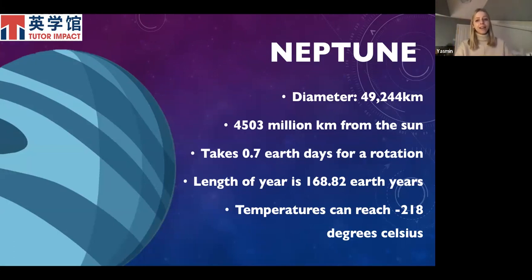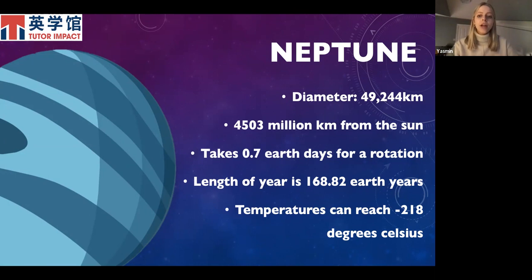So the day in Neptune is still shorter than a day on Earth, but the length of the year is considerably longer. It takes 168 Earth years for Neptune to completely orbit the sun. So 168 years for 1 year equivalent.